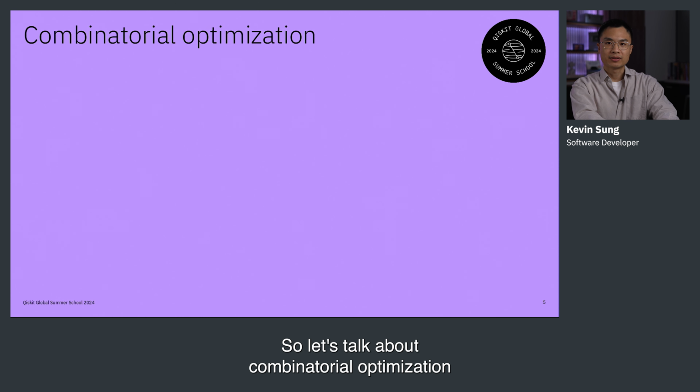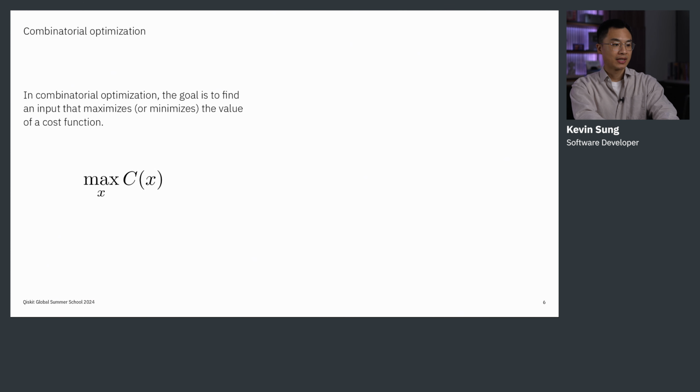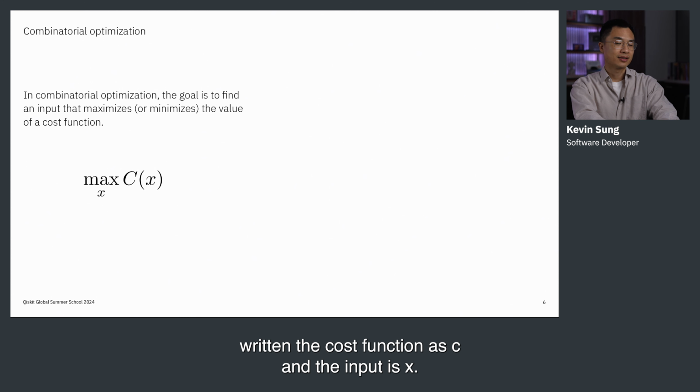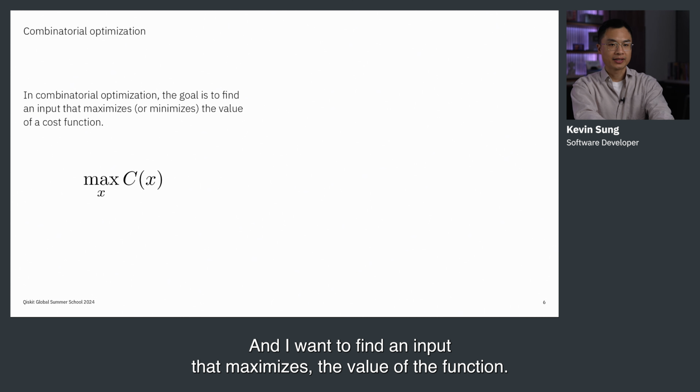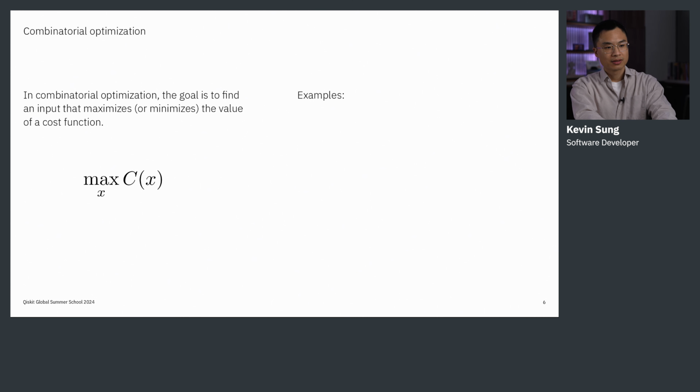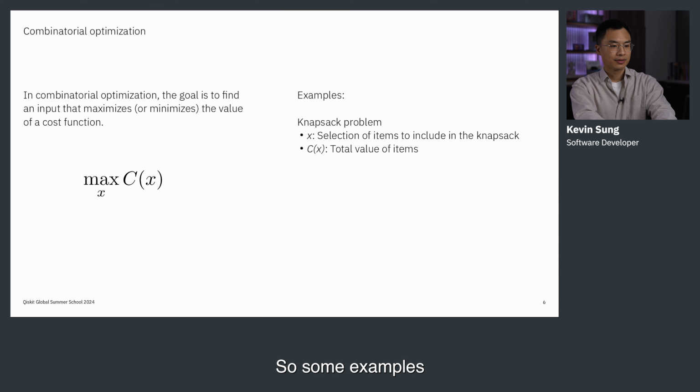Okay, so let's talk about combinatorial optimization. In combinatorial optimization, the goal is to find an input that maximizes or minimizes the value of a cost function. Here I've written the cost function as c, and the input is x, and I want to find an input that maximizes the value of the function. Some examples: one would be the knapsack problem.